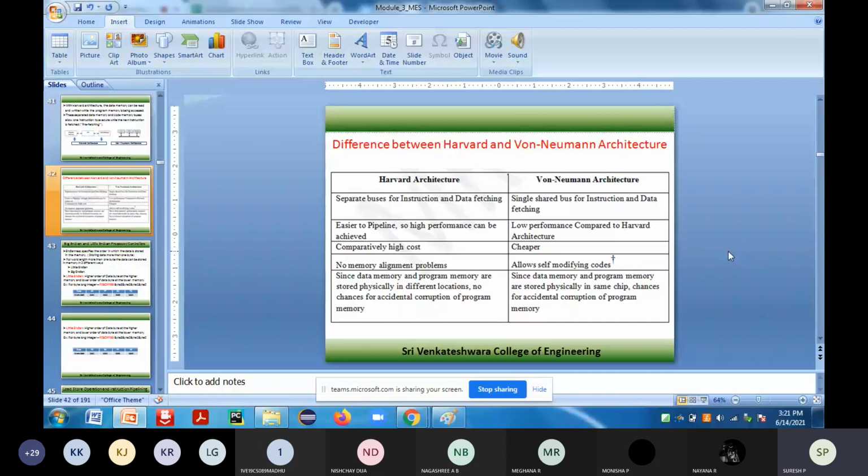So when you store the data and program in a single chip, there may be a chance of accidental corruption of program memory. That is the difference between your Harvard and Von Neumann architecture.